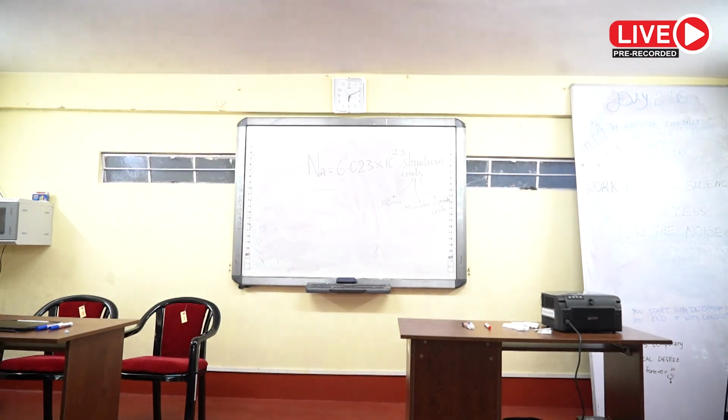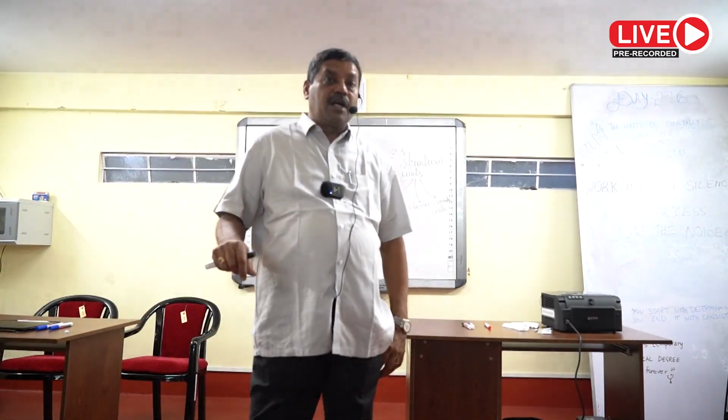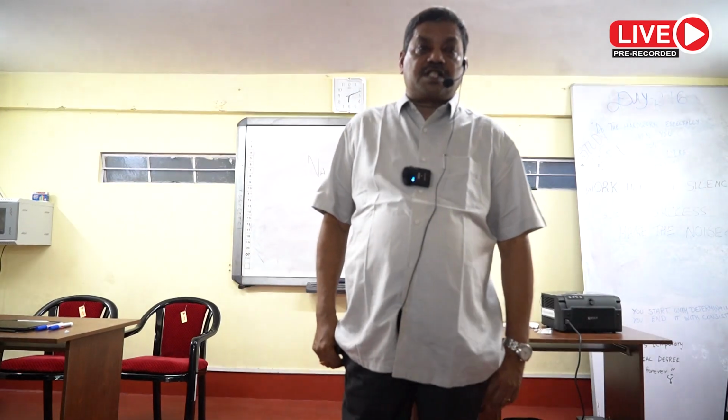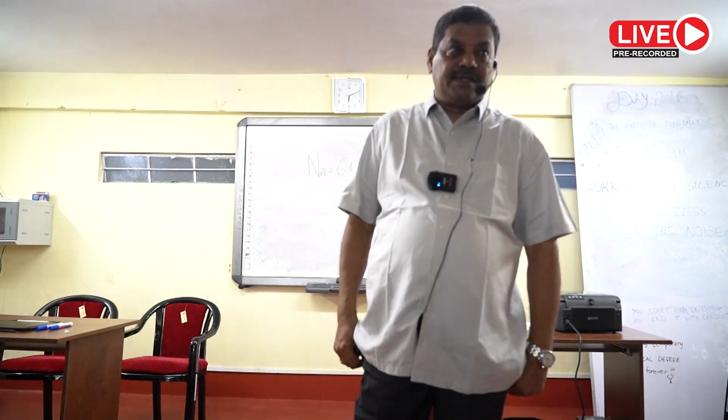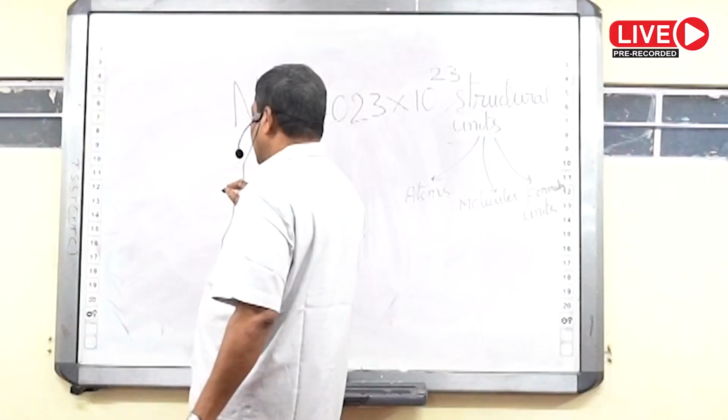So mole is always equal to a particular number. What is that particular number called? Avogadro's number. So mole always contains Avogadro's number of structural units.